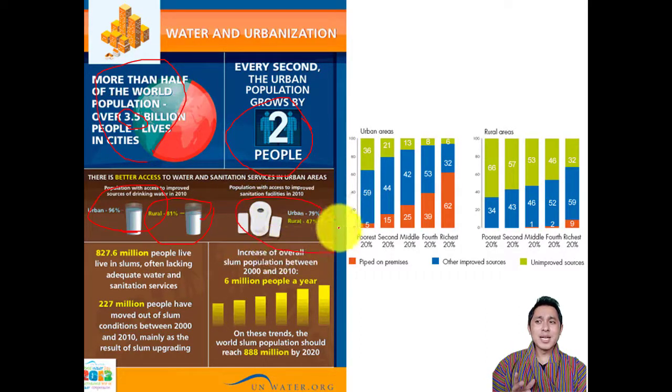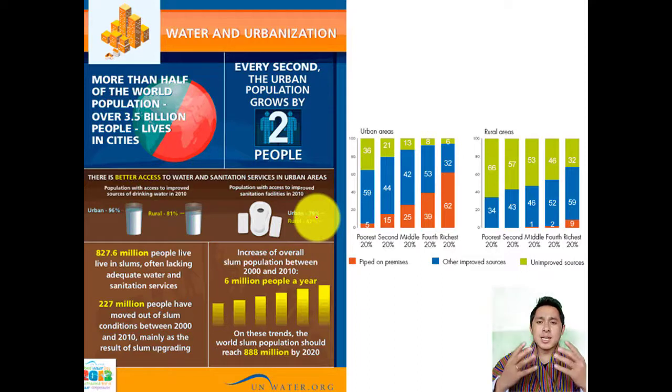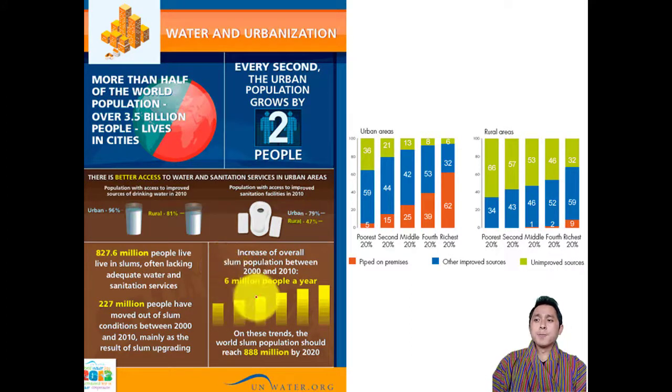Looking at water available for sanitation, around 79% of urban areas have access to good water for sanitation, but rural areas have just around 47% globally. We can also look at some facts and figures on slums.